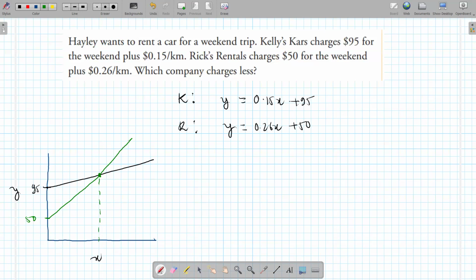The green is Rick's. If Haley drives more than this point of intersection, then you want to go with the black line, Kelly's Cars, because your goal is to minimize the bill, right? So you want to pick the line that's on the bottom. How do we find this point?